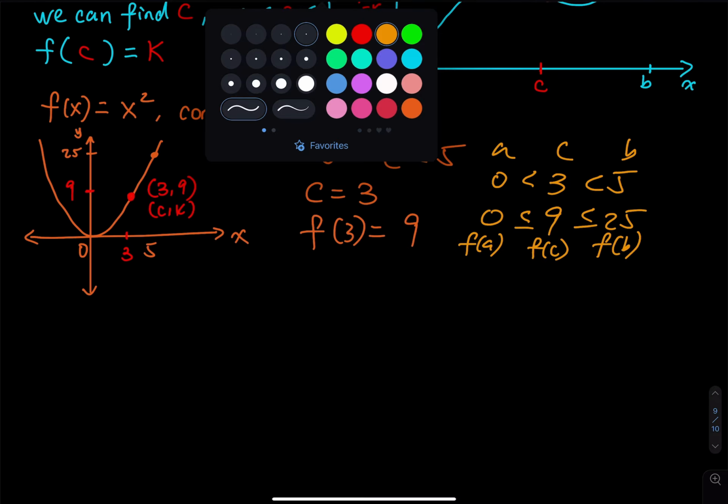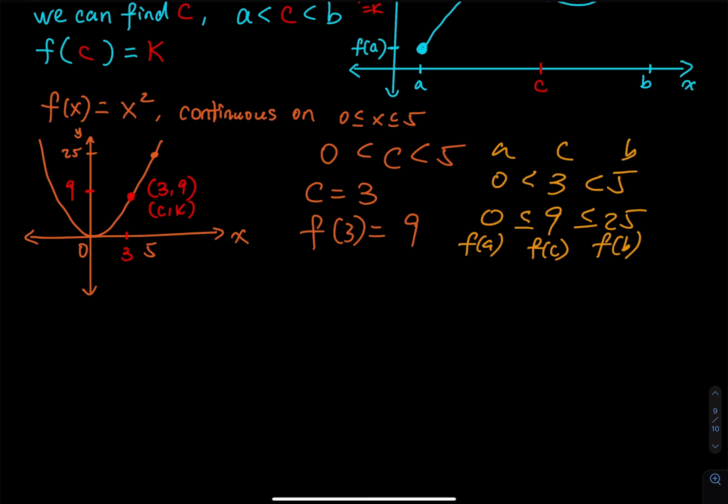So let me write a problem for you. They will give you a function first. Let's say they have f of x equals x squared minus 4, and they want x to be between, how about 0 and 6?